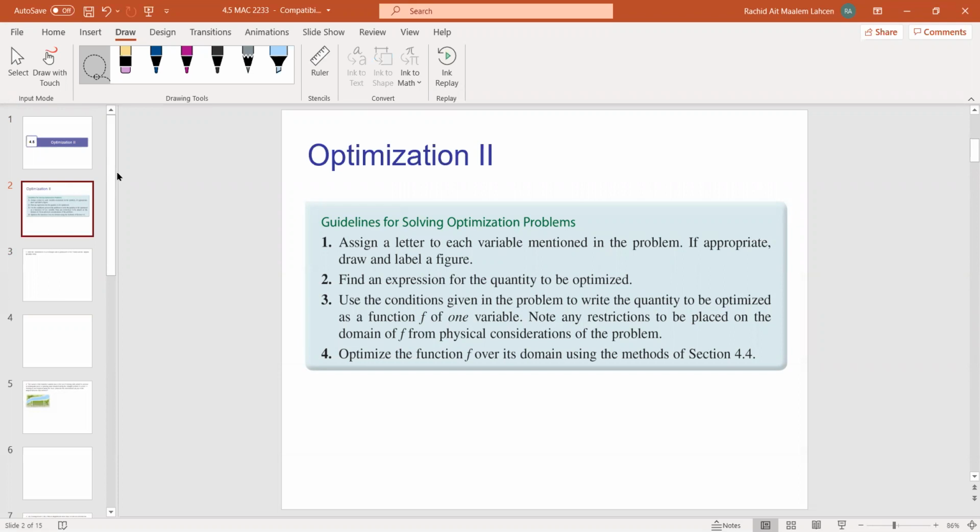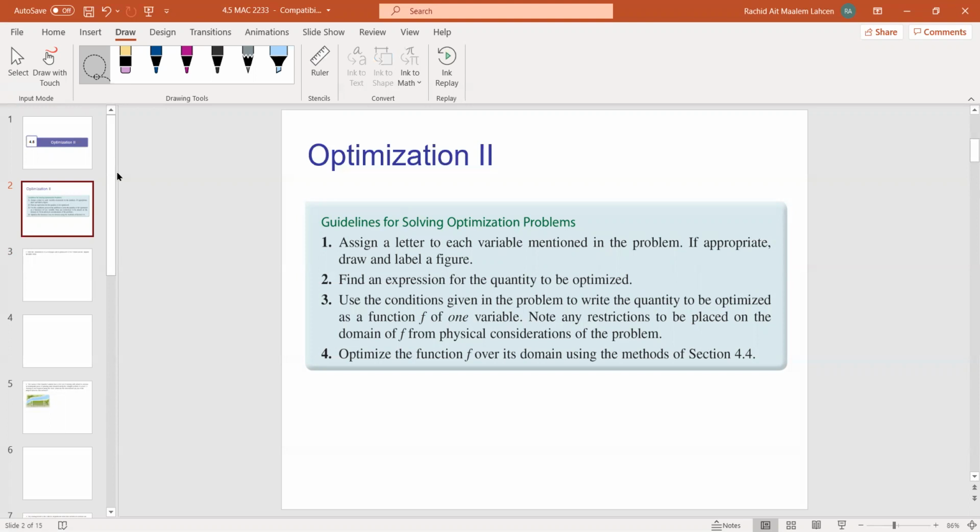So the guidelines are to assign a letter to what's mentioned, and of course to draw a sketch to make it helpful, if possible, to solve. Find an expression to be optimized. You may run into two equations or something like that, but there is one that you need to maximize or minimize.